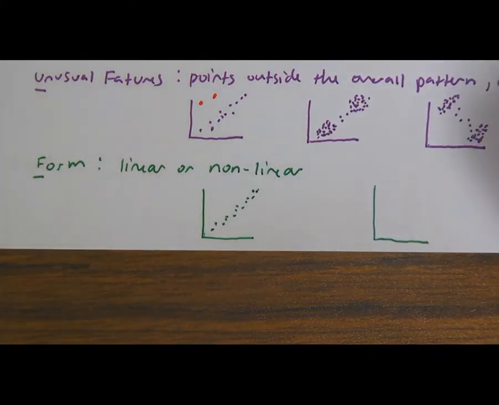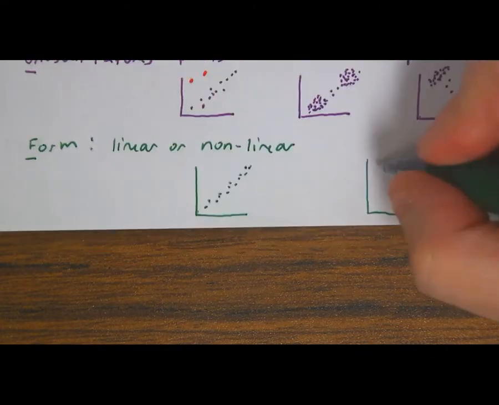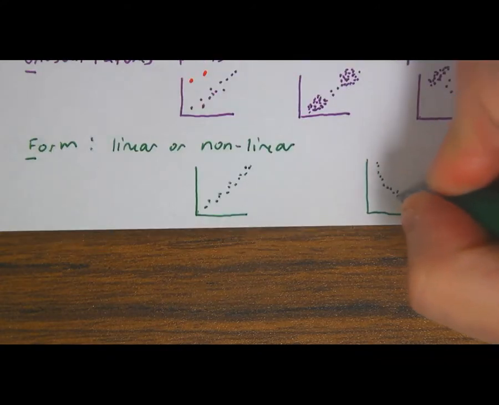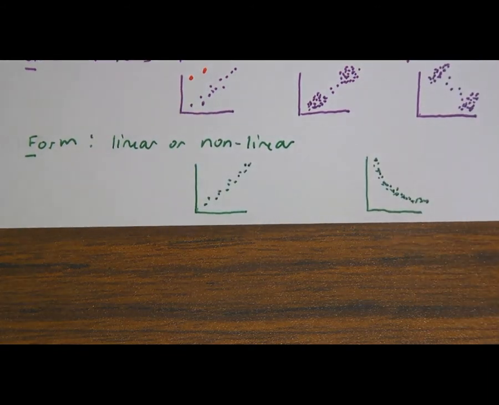Non-linear might show some kind of curve. But you would just simply say linear or non-linear. And then when you turn the page, so that's DUF, the S is going to be strength.